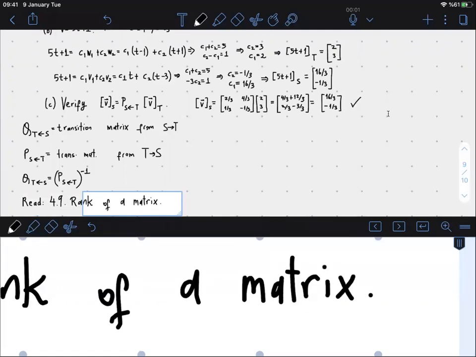Okay, guys, so that's it about chapter 4. Now what are we doing? Our next topic is chapter 6. So we're also skipping chapter 5, okay?